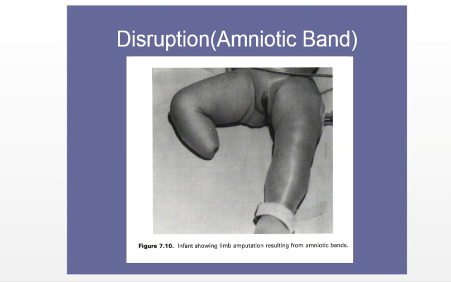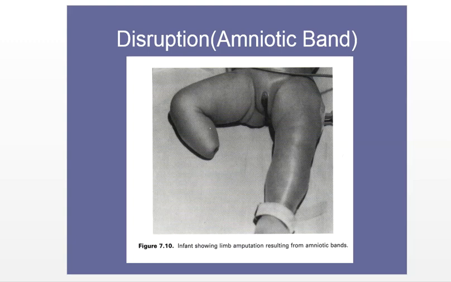Another abnormality concerns the amount of the amniotic fluid. We have two kinds of abnormality. One of them, hydramnios or polyhydramnios, is the term used to describe an excess of amniotic fluid, approximately 1,500 to 2,000 milliliters. Whereas oligohydramnios refers to a decreased amount, less than 400 milliliters.